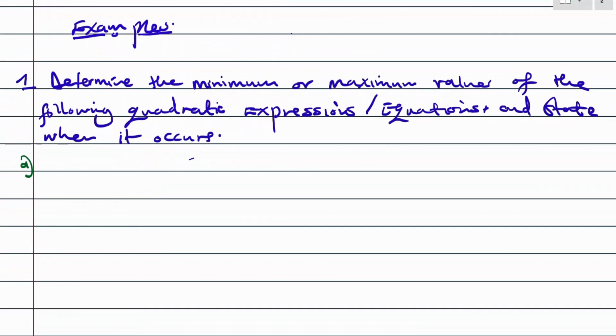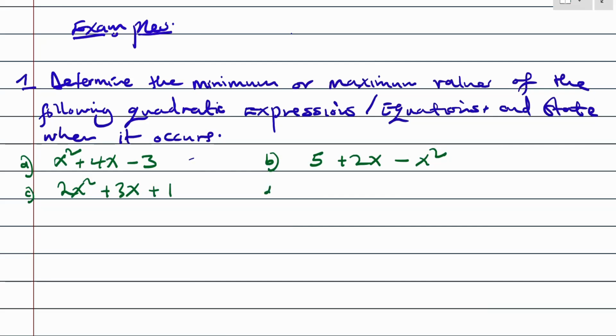Part A: x squared plus 4x minus 3. Part B: 5 plus 2x minus x squared. Part C: 2x squared plus 3x plus 1. Part D: 3 minus 2x minus x squared.